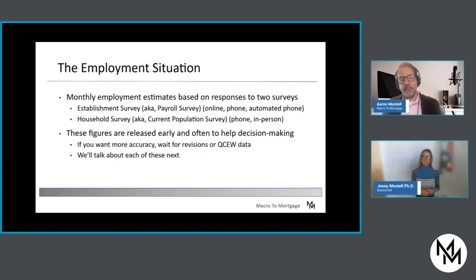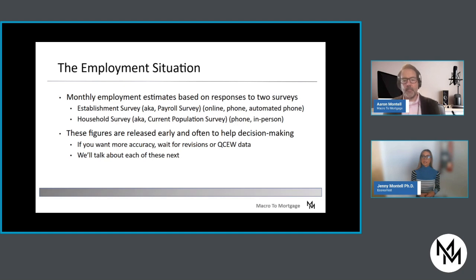An important point that we want to emphasize today is that these figures are released early and often to help with decision making. So they really are preliminary estimates and they'll get revised later, which we're going to talk about.